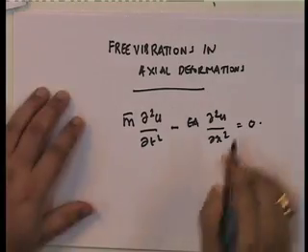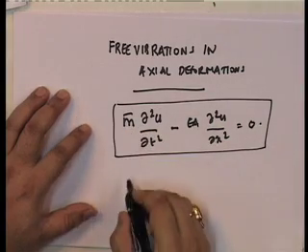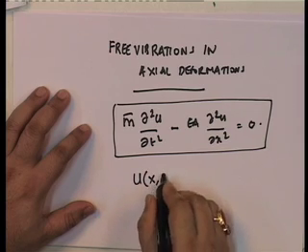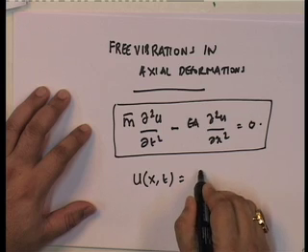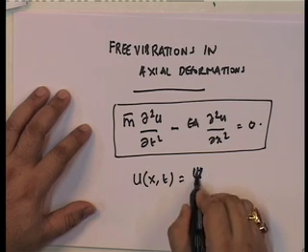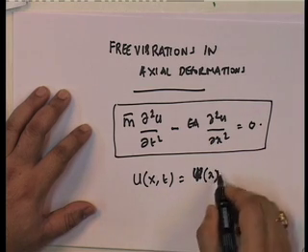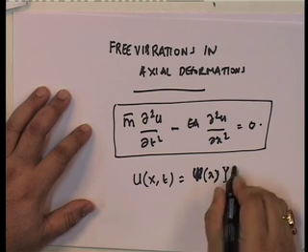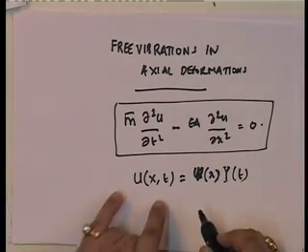Okay, so now to solve this in a partial differential form, we have to make the assumption that u(x,t) is equal to some, let me call this xi(x), now this xi(x) is not known, into y(t).